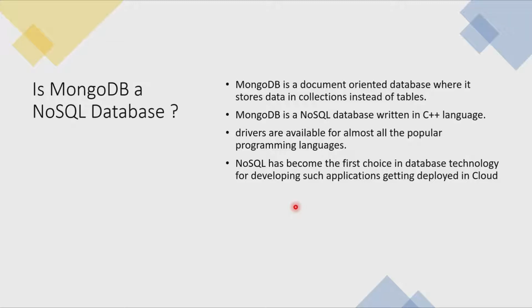So NoSQL becomes the first choice if you are developing such an application where there is no fixed design and the requirements are changing very rapidly. So you can use that.